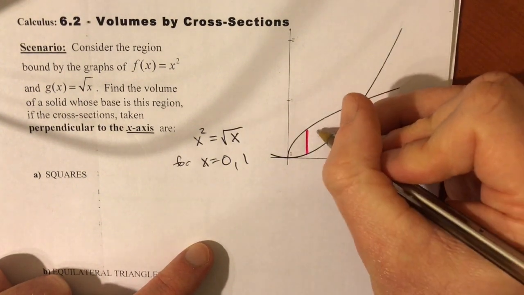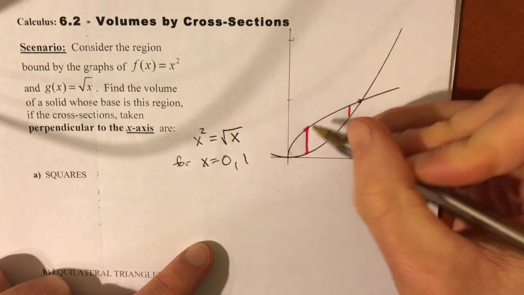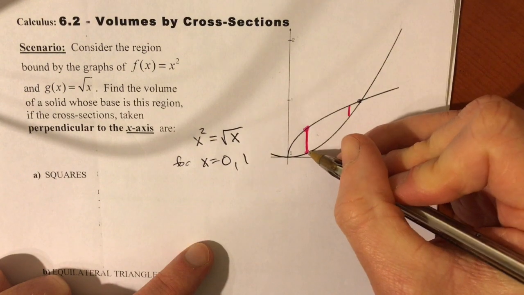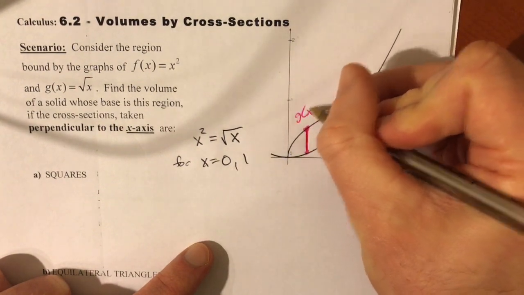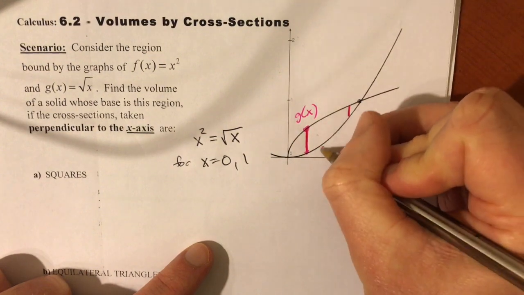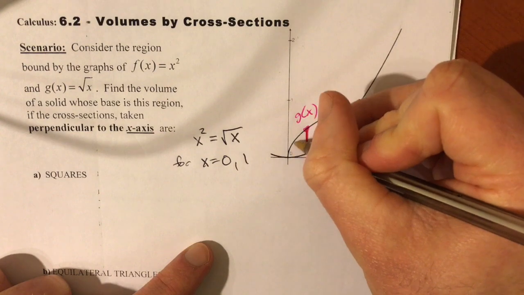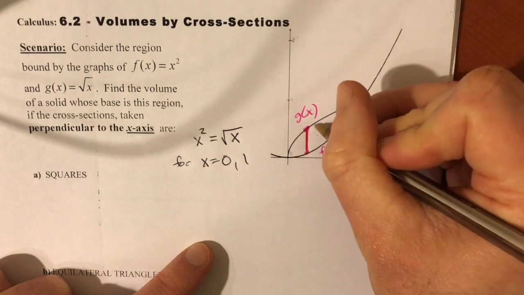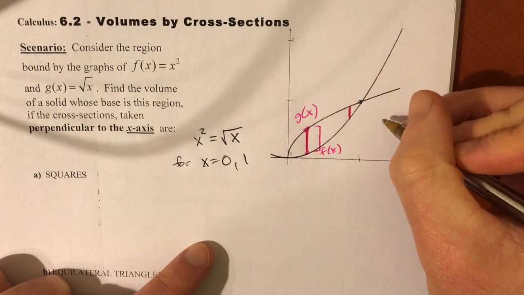So you want to find a way to describe that distance, and that distance is the distance between this top curve and the bottom curve. Now this curve is the square root of x, that's g of x right here. This is x squared, that's f of x. Regardless of whether it's a short distance or a long distance, that distance is always the difference between g and f, right?